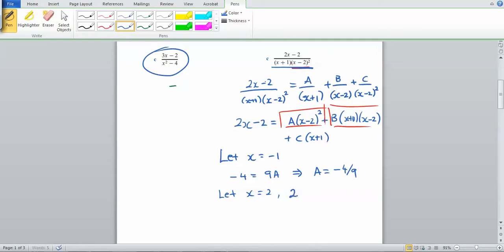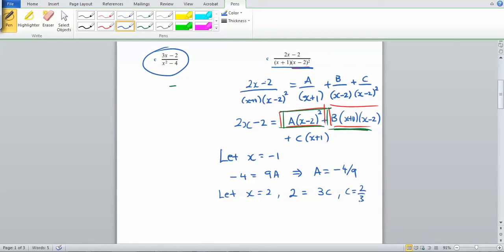So we're going to have 2 is equal to these two things here. This one and this one are both going to cancel out, 0 times something. And x is now 2, so 2 plus 1 is 3, so it is equal to 3C. Therefore C is equal to 2 over 3.